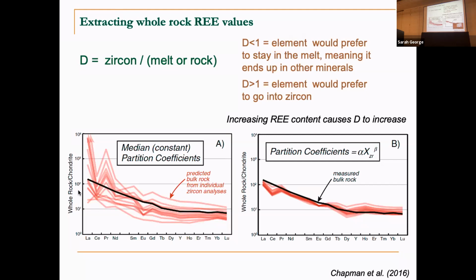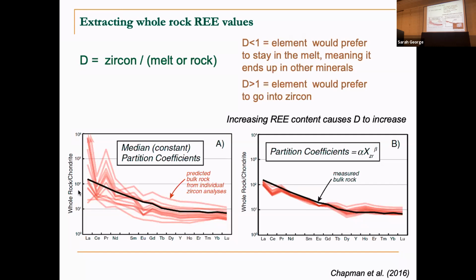So you guys remember D, basically how much is going to go into the zircon versus stay in the melt. That's that ratio. We typically assume that these are constant. What Jay has done is he's added some exponents, so it's not fixed, but dependent on how abundant something is within the melt in the first place.